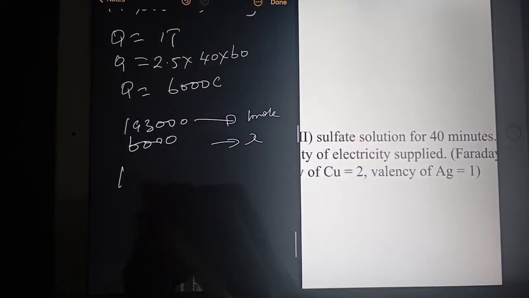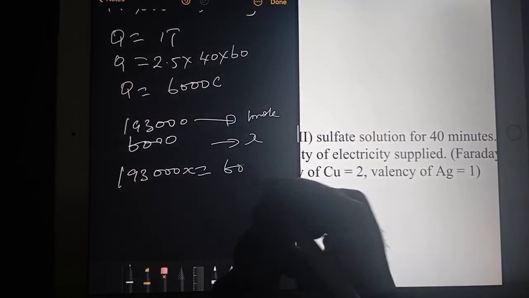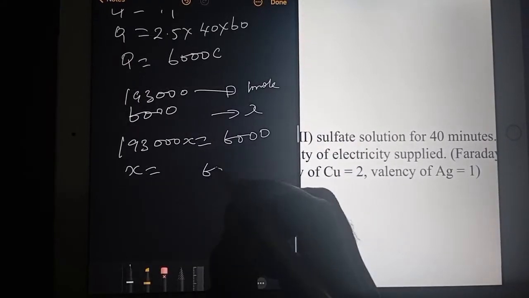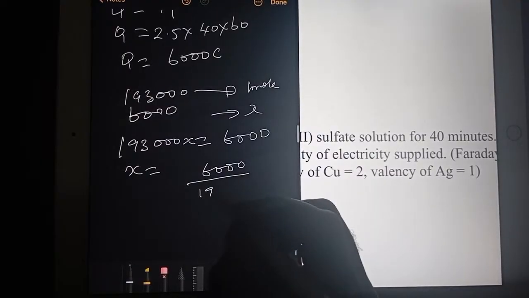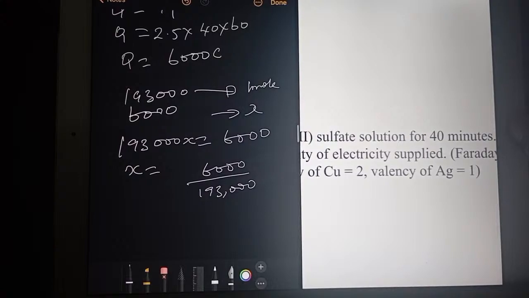We cross multiply. 193,000 x is equal to 6,000, such that x is equal to 6,000 divided by 193,000.